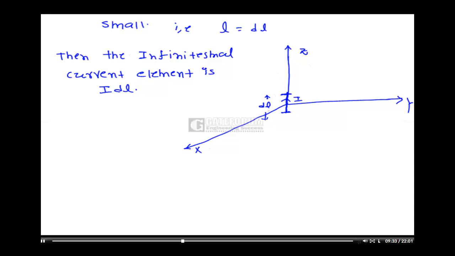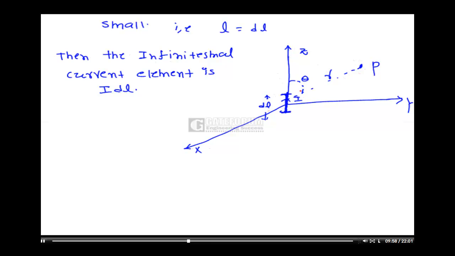Due to this current element, what is the field generated at a point P? From any point on the current element at a particular distance r, we have to calculate the field intensity.